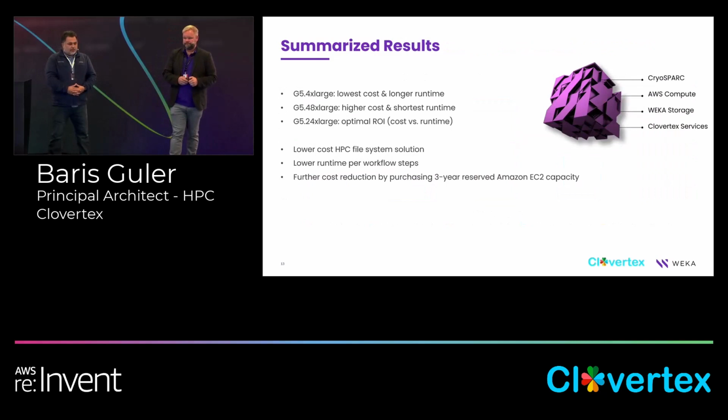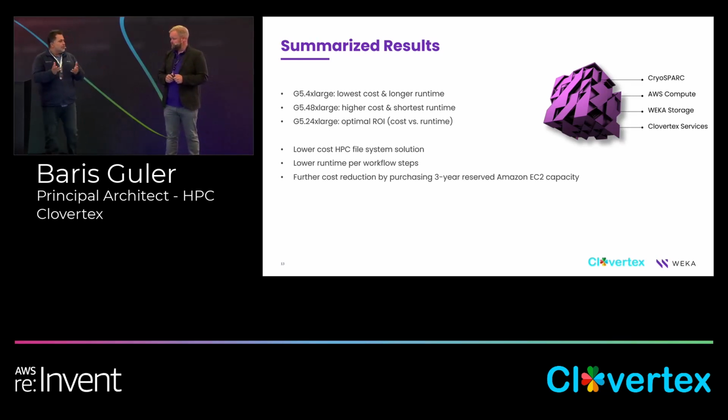So let's talk about the results that you saw. Yep, as I just mentioned, G5 4x large delivers the lowest cost and of course longer runtime, but if you have enough users in your team, some of them will be running in that mode of operation, to get the best value for what you're running. G5 24x large is a good balance of return on investment, delivering reduced runtime for a little bit more cost.